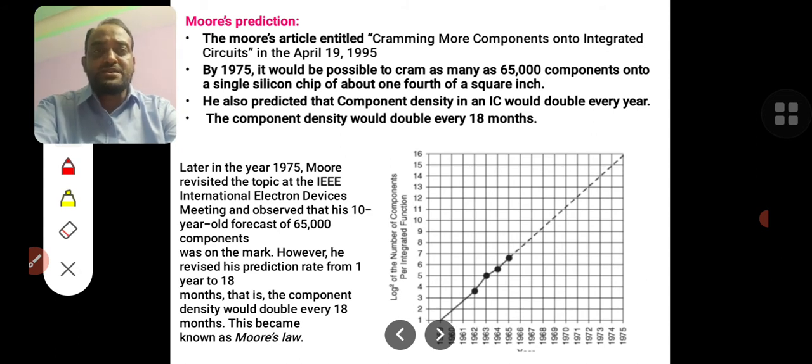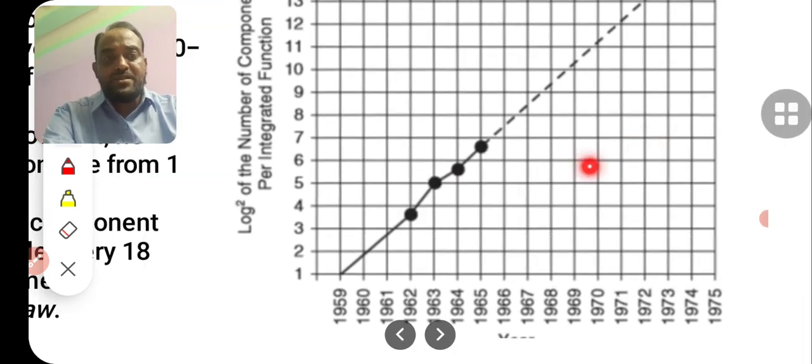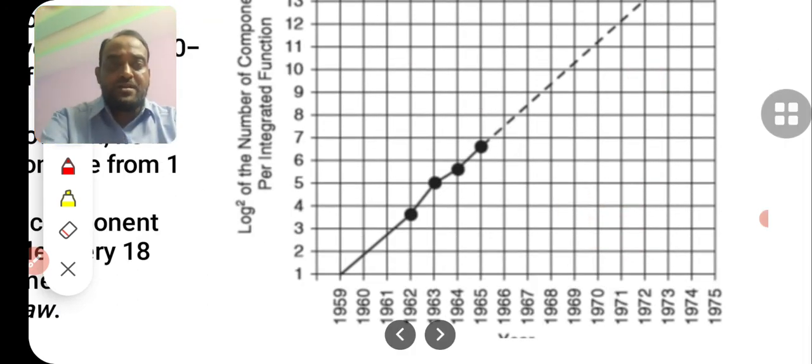He made predictions from 1950 to 1975 and published a paper in the IEEE International Electron Devices Meeting, giving a prediction of the number of devices per chip every year.